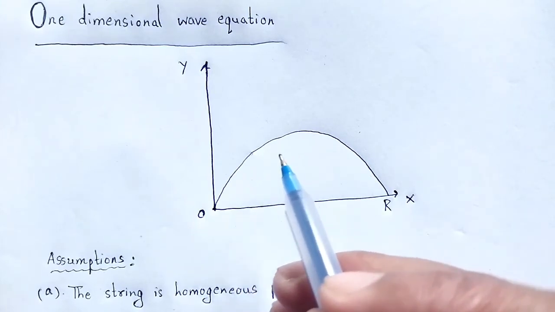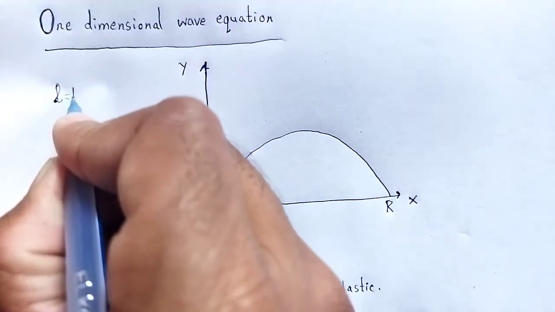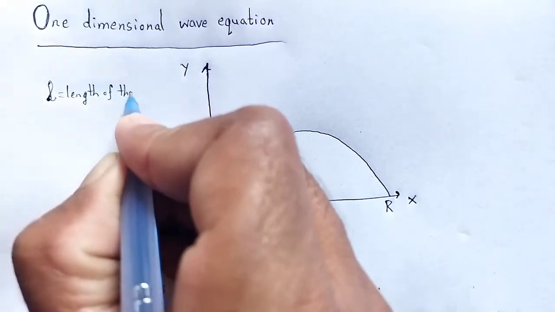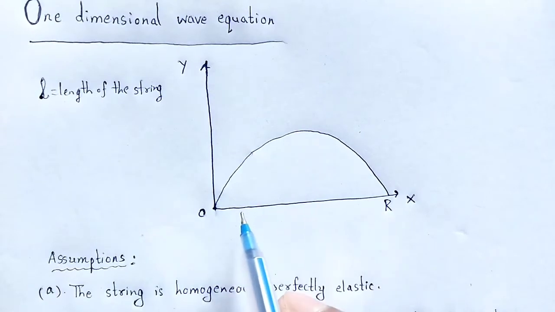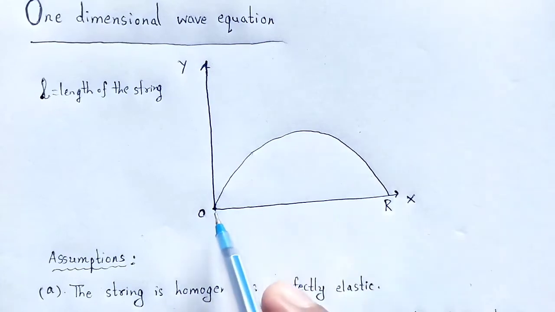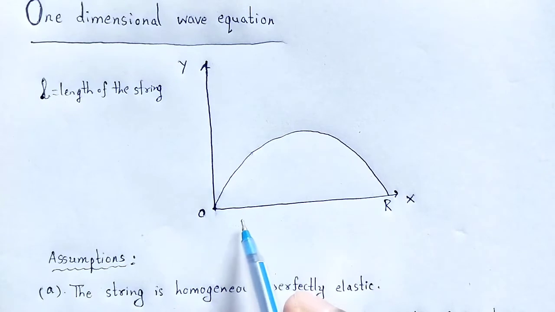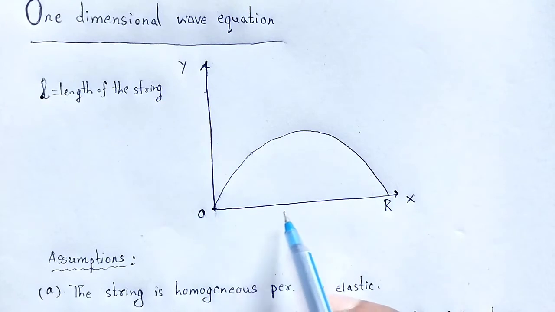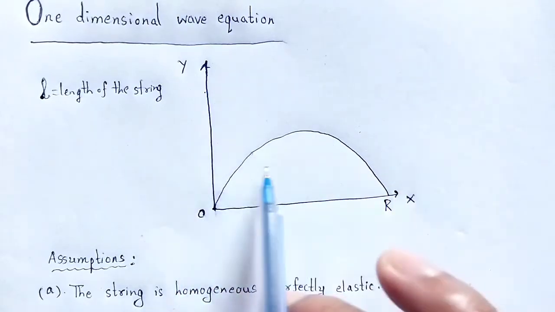Let small l be the length of the string. Having fixed ends O and R, we consider O as the origin, OR as the x-axis, and OY perpendicular to the x-axis, so that the motion of the string is in the xy plane.